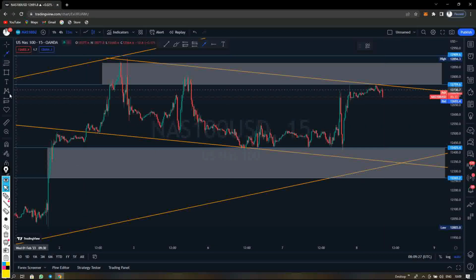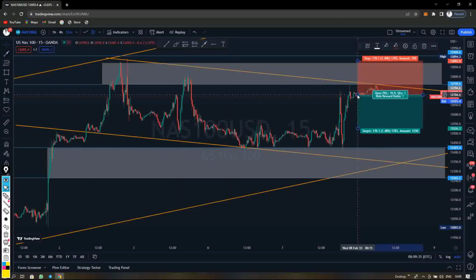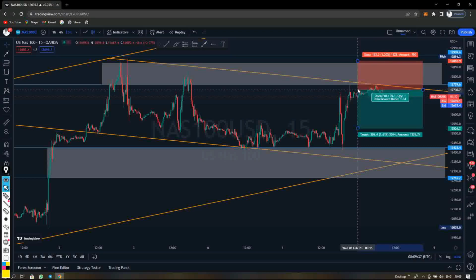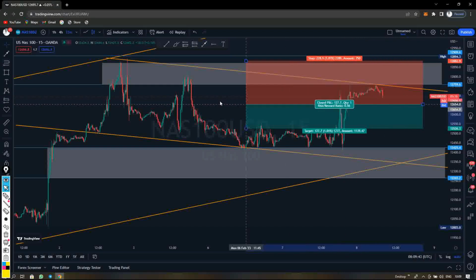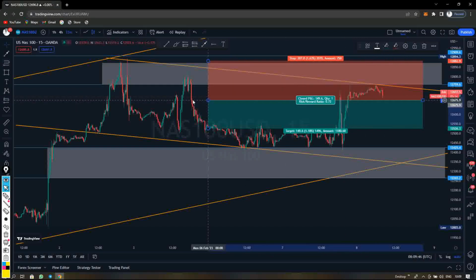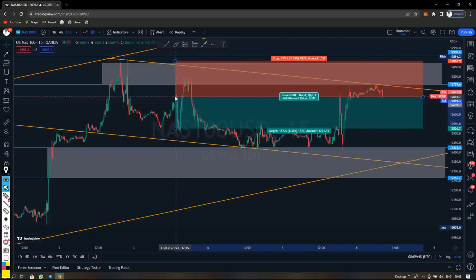Let me just put on, I'm just gonna put in for short. Let me show you here. This is what I'm seeing. You can enter here because this is exactly the entry level I was talking about, and then this would be your stop loss.